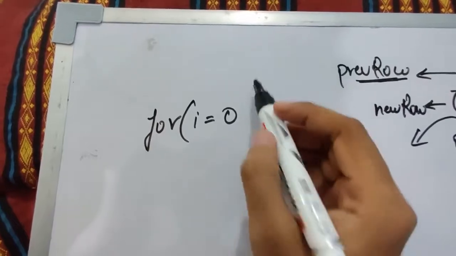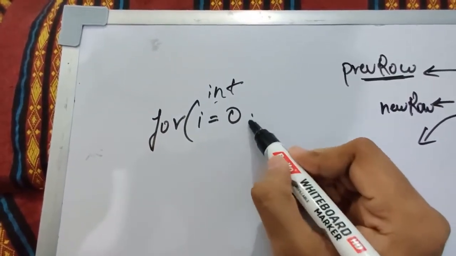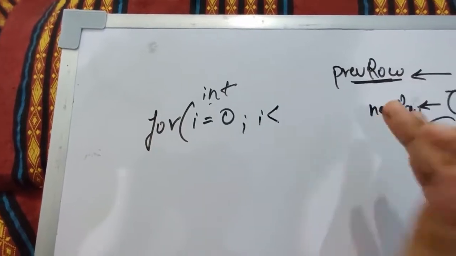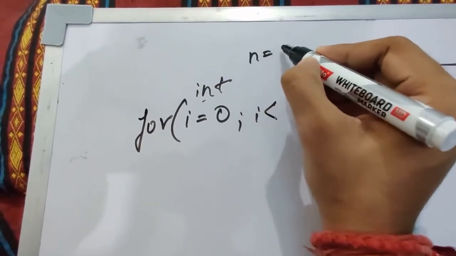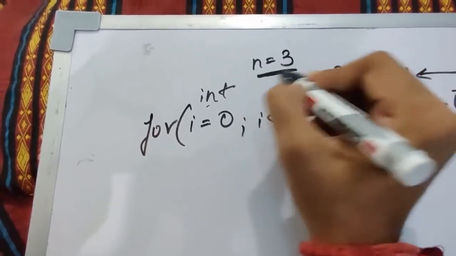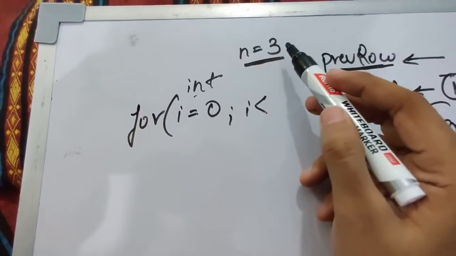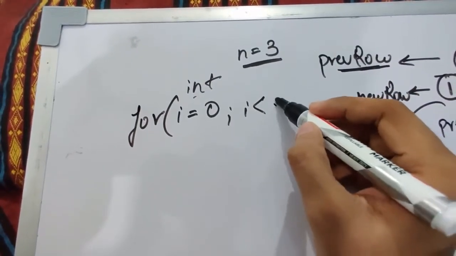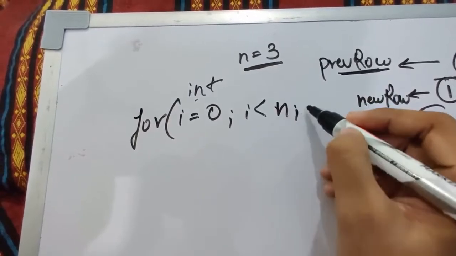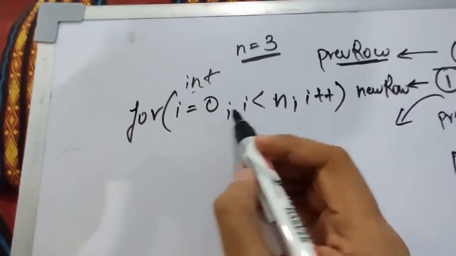For int i equals to 0, I forgot to write int, and till when you need to do it? Till the questionnaire is asking you for generating the rows. I am assuming the case as 3 right now, so I'm using n here, and it will be i plus plus. This is your for loop, right?